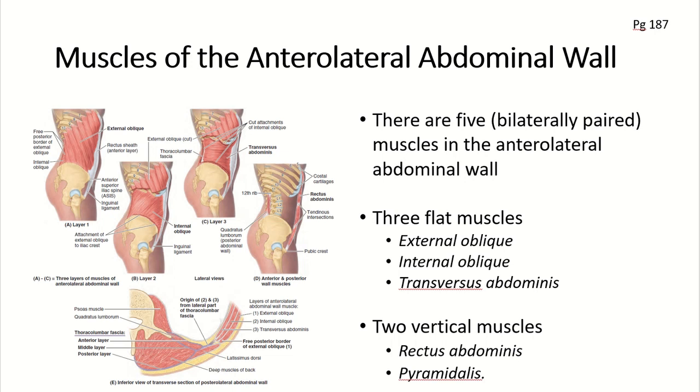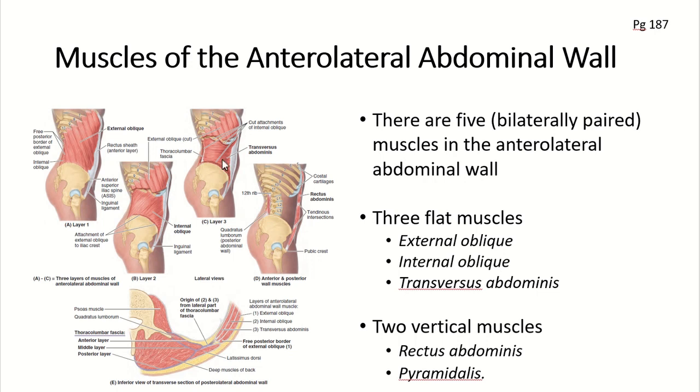It kind of gives you a hint if you think about its name, and of course it's a bit more inwards, or lies deeper than our external oblique. Okay, and we can see this here in layer B. So this is if we remove the external obliques here.